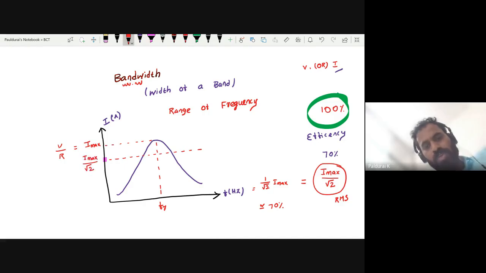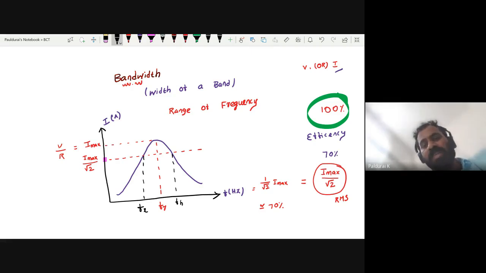Why square root 2? 70%, right? Now where the curve cuts at the very first time, this frequency is called lowest frequency, FL. This L is not inductor, it is lowest frequency. Where it cuts the next time, that frequency is called highest frequency.